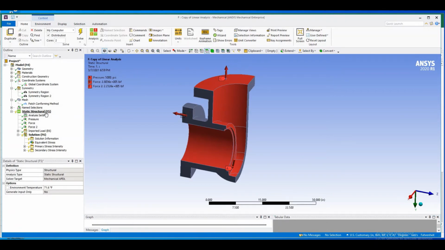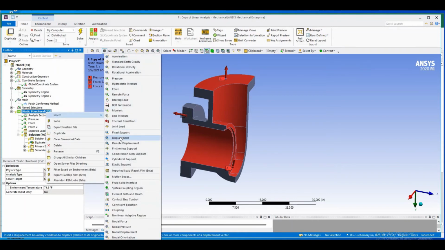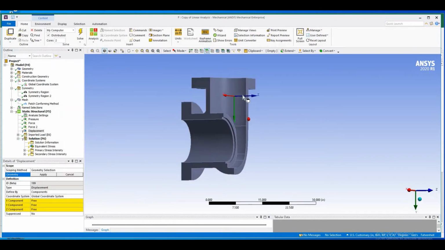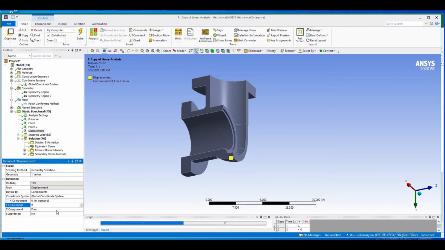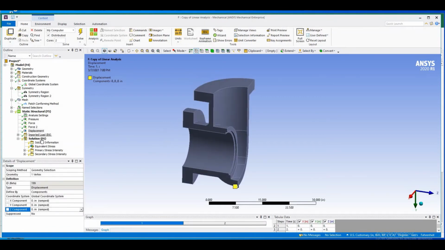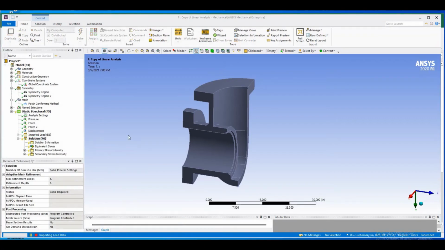To avoid convergence issues, I will apply a displacement boundary condition. Now I will solve the system.